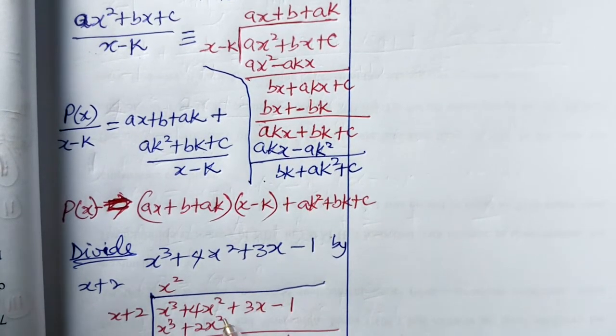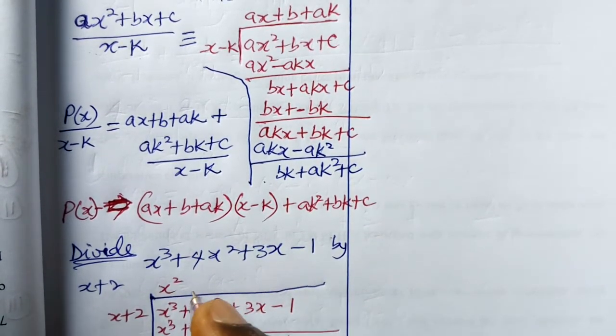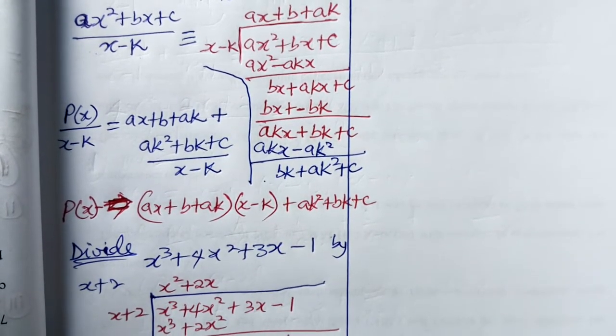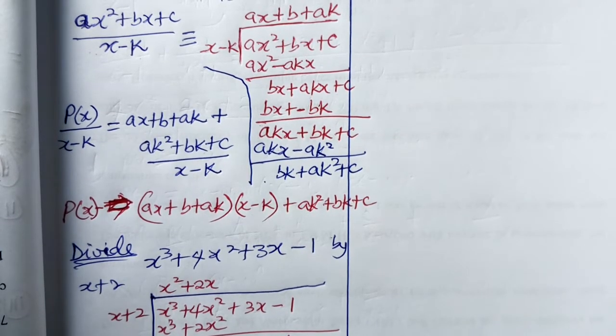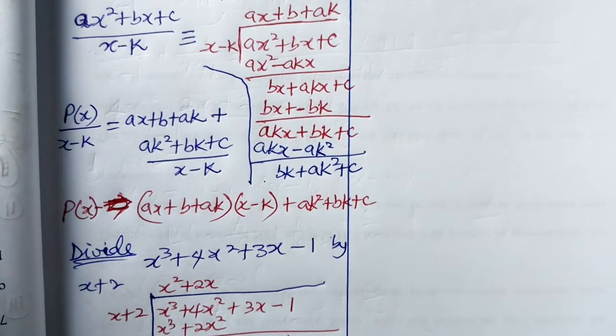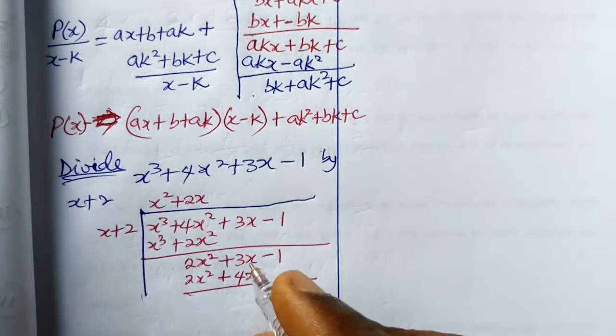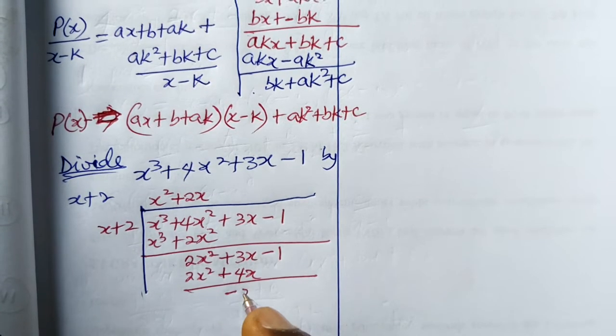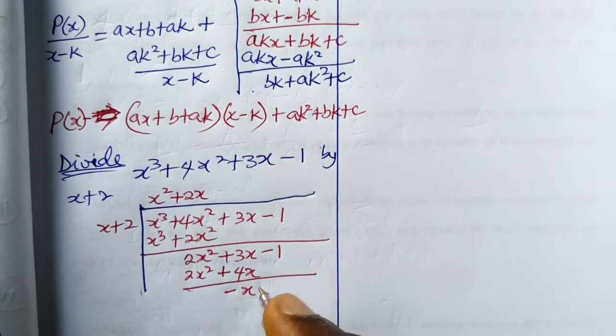The next thing that will go is plus 2x. So 2x into here will give us 2x squared plus 4x. So this and this will go. This and this will go. So here will be minus x minus 1.